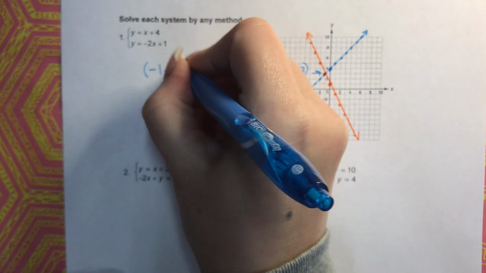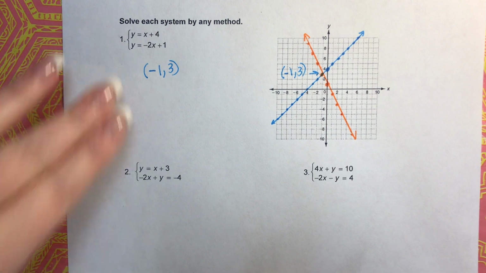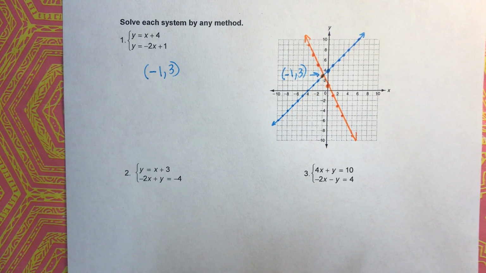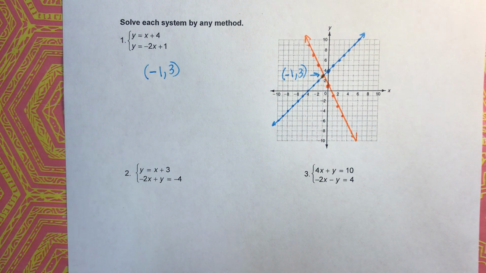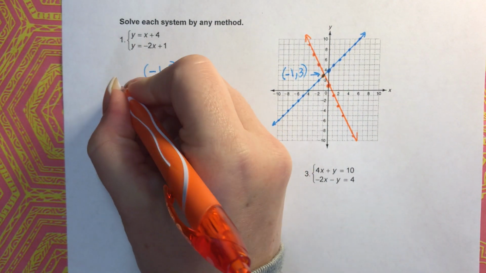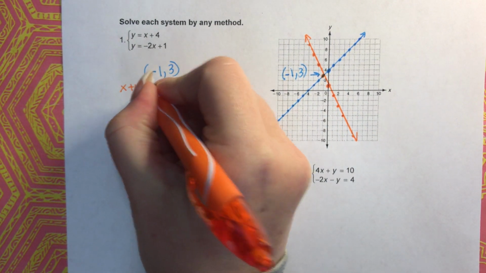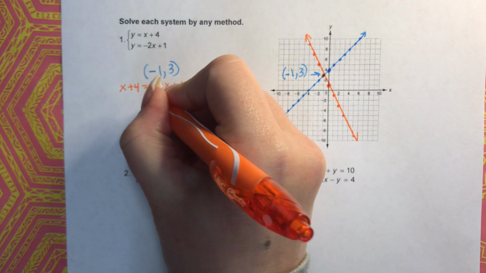Okay. I wonder if any of you tried to solve it through substitution. Let me check that just in case any of you did. With substitution, they're both equal to y, so you'd set them equal to each other, right? And then move the variables to the two sides.